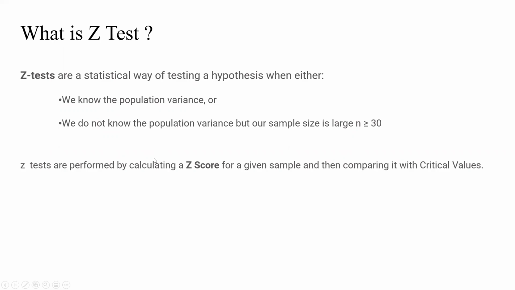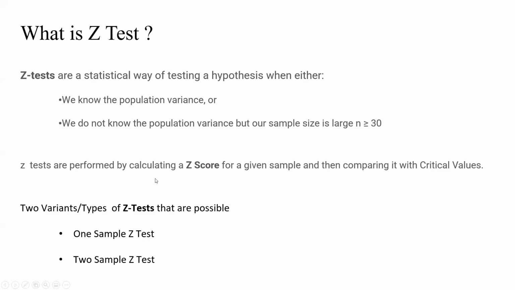Normally, while performing a Z-test, we calculate a metric called the Z-score from the sample data. We will see how to calculate that, and we will compare that Z-score to critical values, which basically tell us if a particular sample statistic is falling in the critical region, the rejection region, or the non-rejection region.